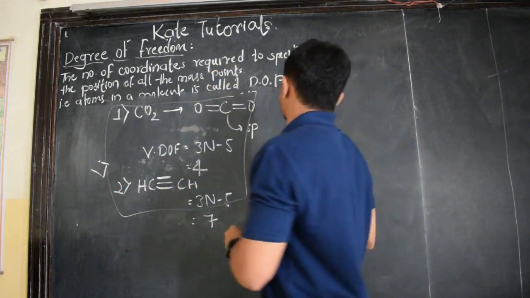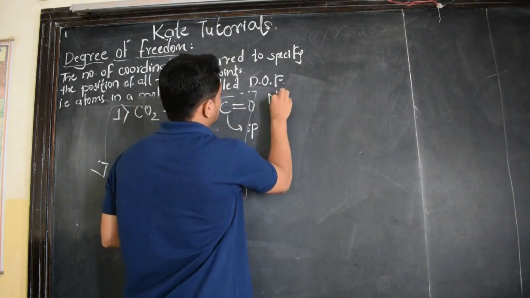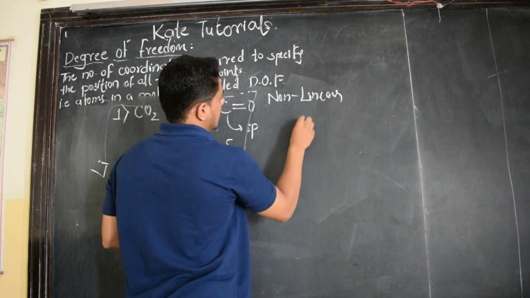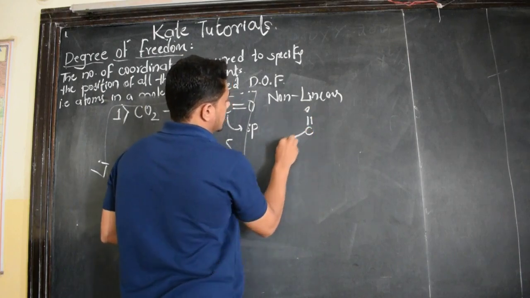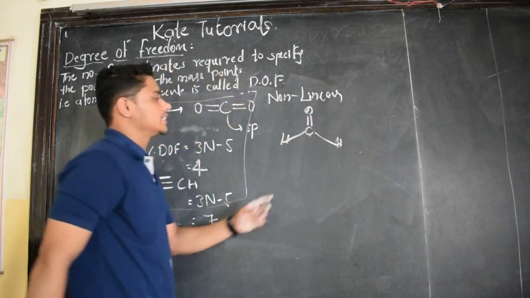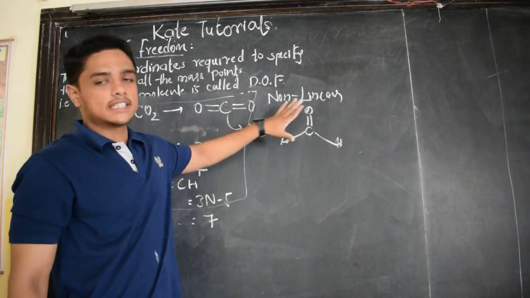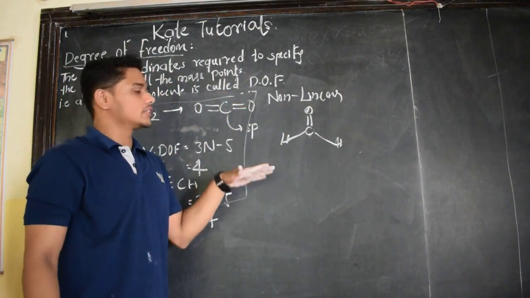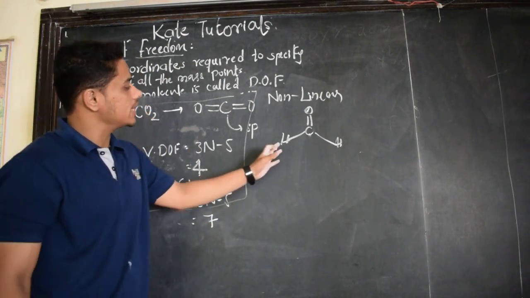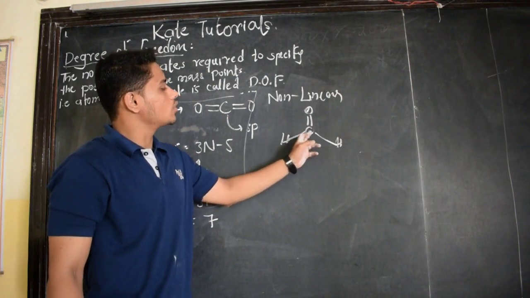Now let us consider a non-linear molecule, that is formaldehyde. Let me consider formaldehyde, and the hybridization is sp2. This is a non-linear molecule. It is not present in any one of the planes. If this is the atom, here we have n equal to 1, 2, 3, 4.